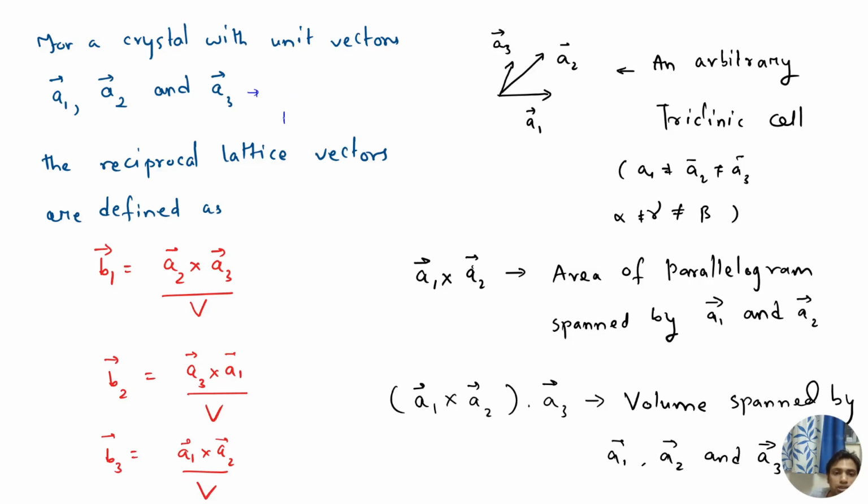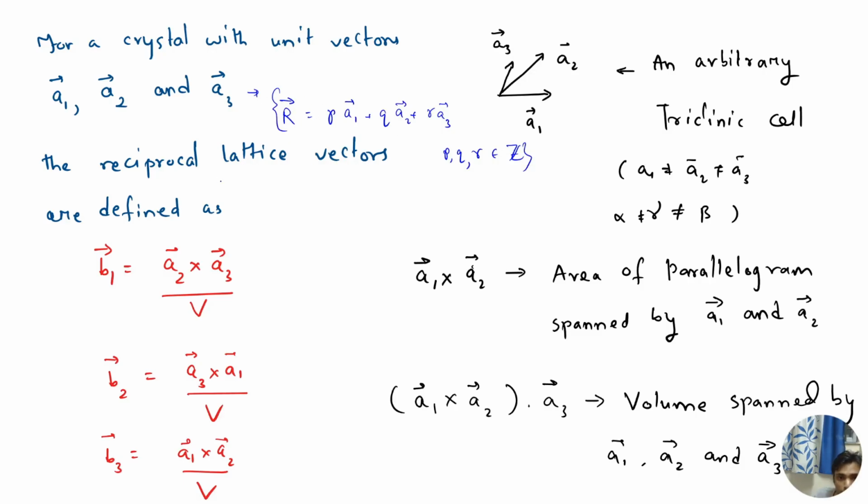Suppose a particular lattice point of that crystal is represented by p a1 plus q a2 plus r a3, where p, q, r have to be integers. When p, q, r are integers, the set of all these points will constitute a crystal.